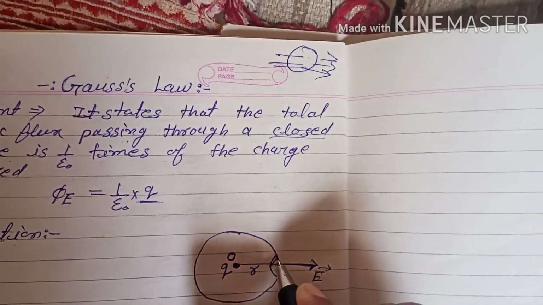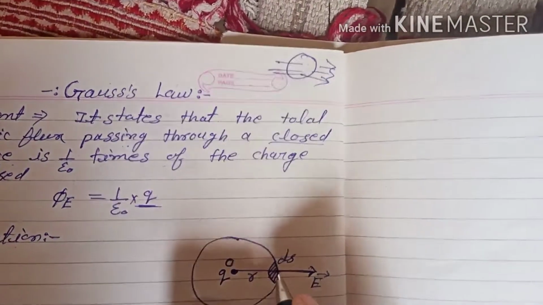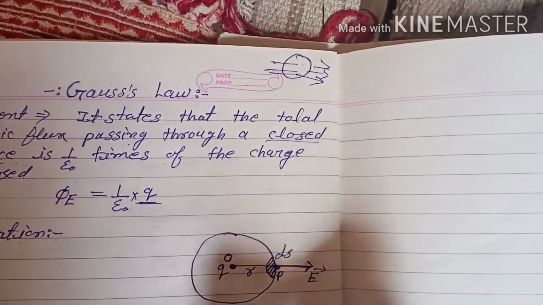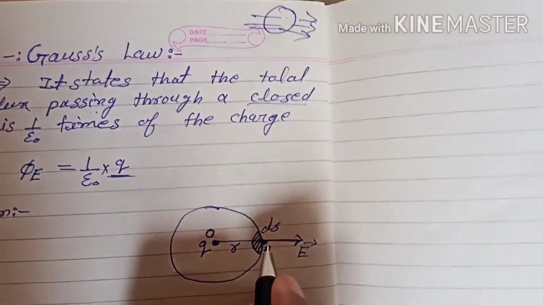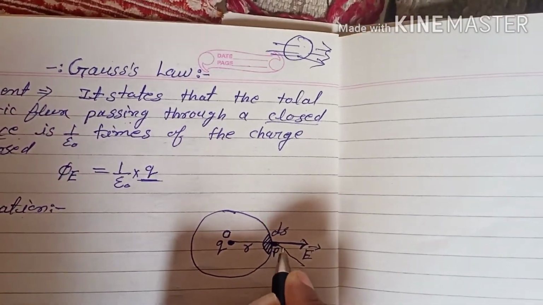Now we take a small surface, a small area ds, and a point P placed here. Consider a charge Q0 at this point.